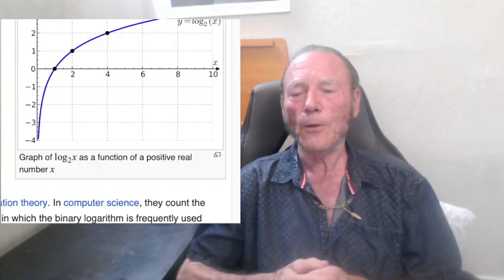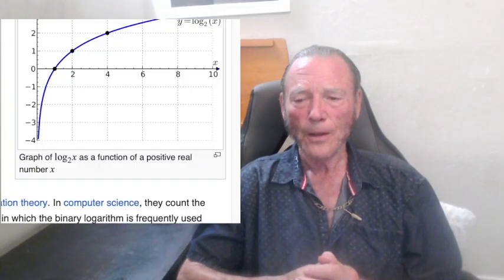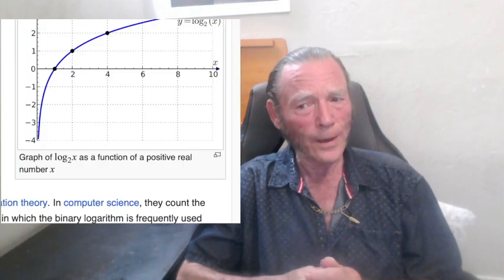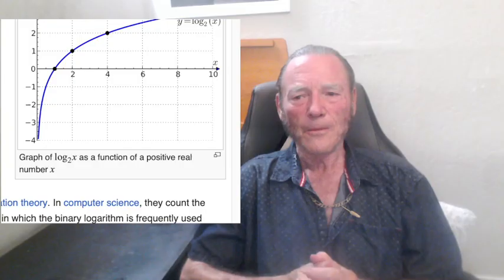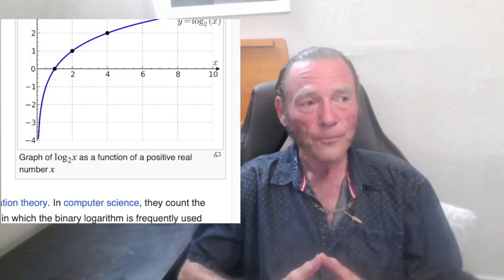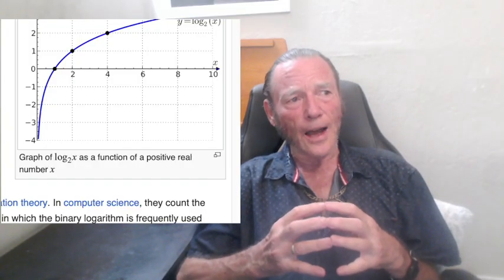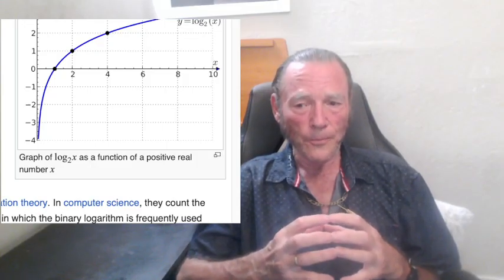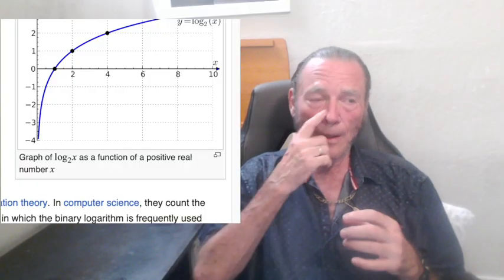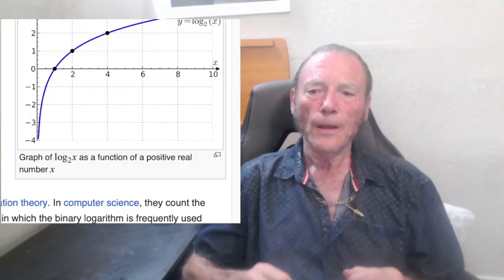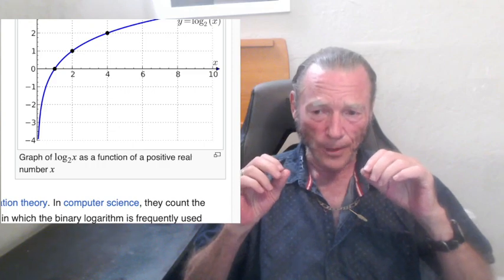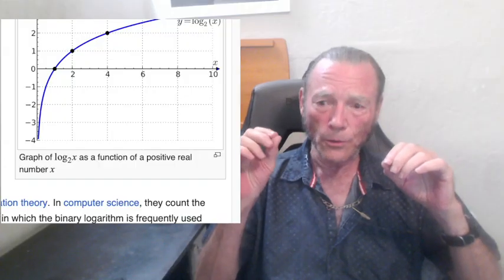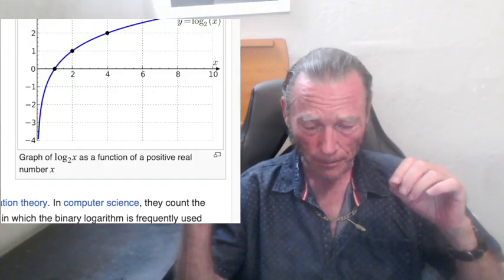For instance, if you have 1 over 3, you have a rational number. But is it a binary number? No, it's not. Is 3 a binary number? It's not. But all the whole numbers are representable, and there's a reason for that. It's strange. The positive binary numbers are 1, 2, 4, it skips 3.